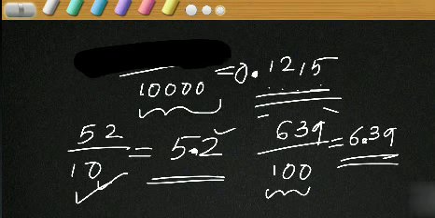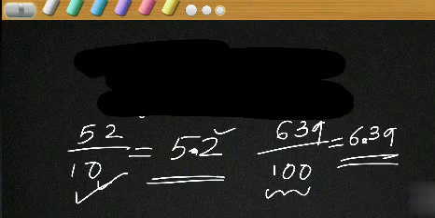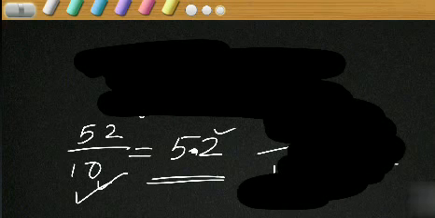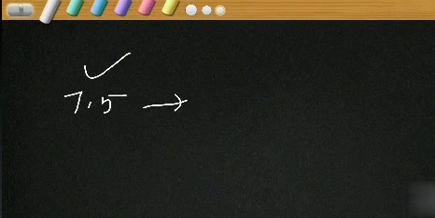Now we are going to discuss the conversion of a decimal number into a fraction. Conversion of any decimal into a fraction. Suppose we have to convert the decimal number 7.5 into a fraction.